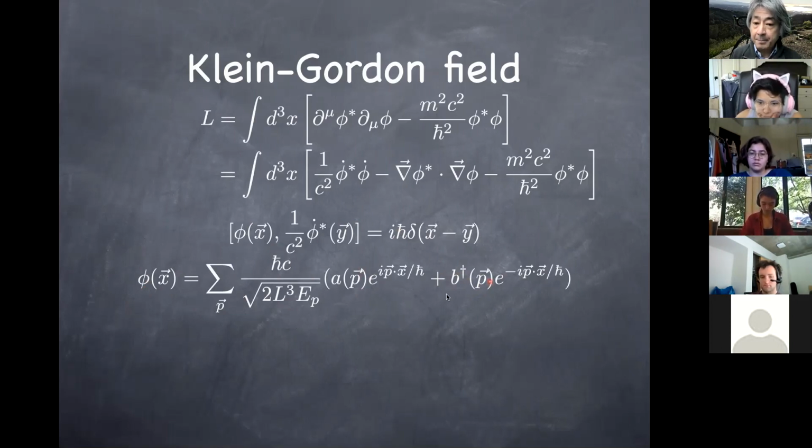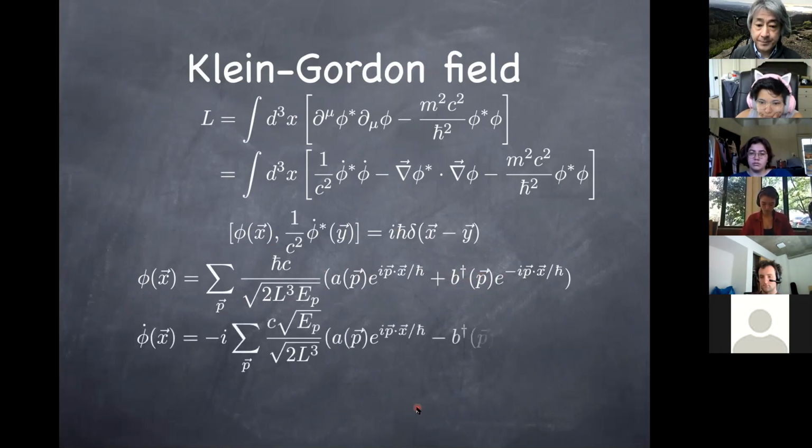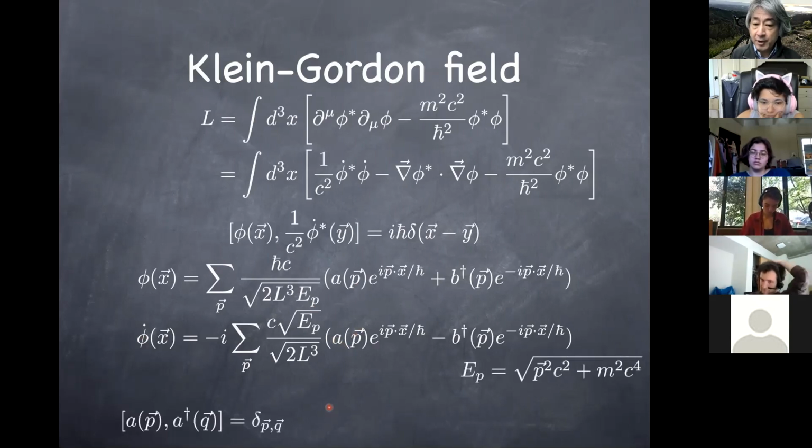So this part and that part are independent from each other. And a similar mode expansion also for phi dot. So it turns out that this complex Klein-Gordon field now contains two sets of creation annihilation operators. A and A dagger satisfy the commutation relation of creation annihilation operators, but B and its conjugate B dagger also satisfy yet another set of creation annihilation operators.